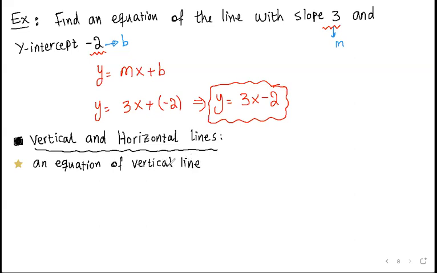I have a vertical line that passes through a point. The equation of a vertical line that passes through the point (a, b) is always x equals a, the x-coordinate of this point.